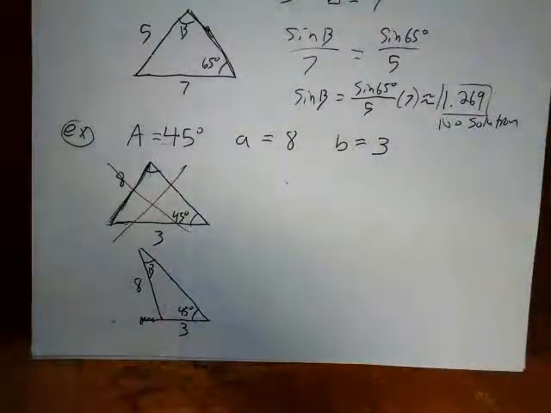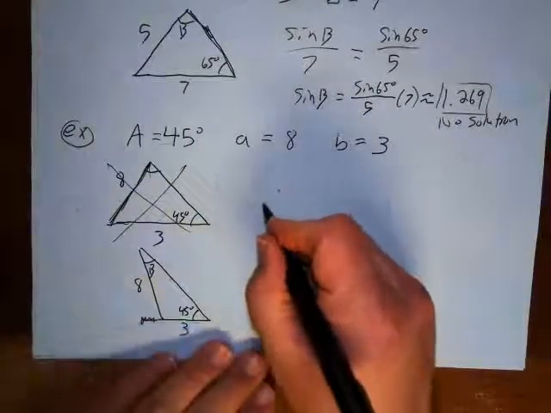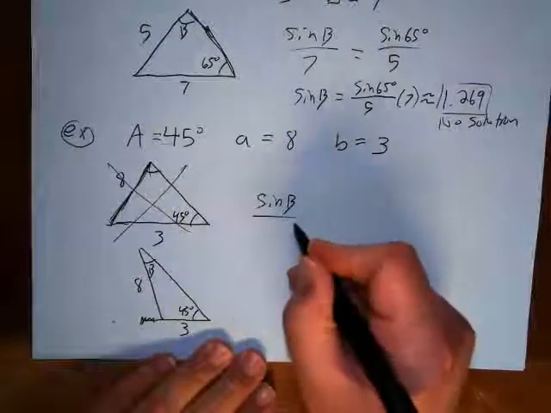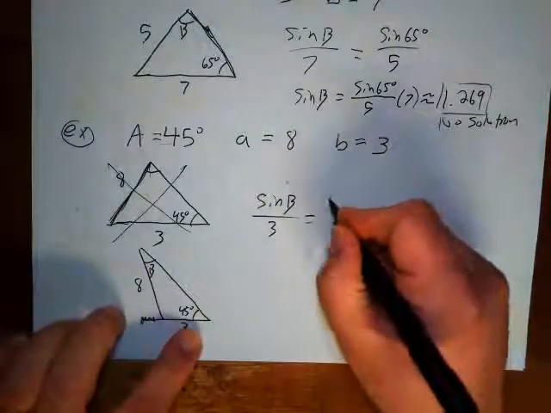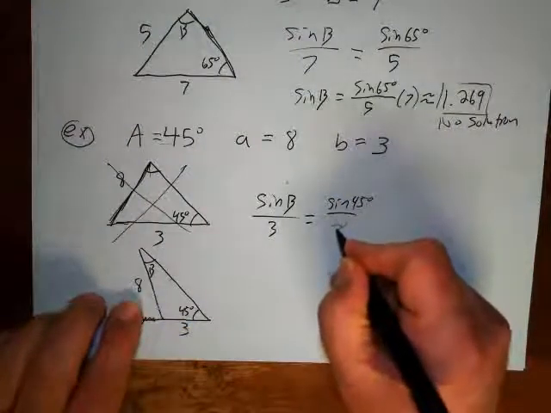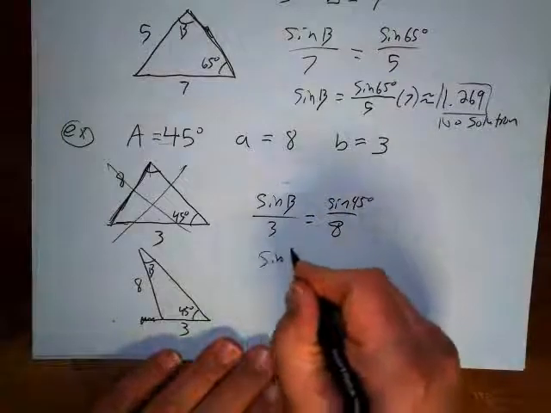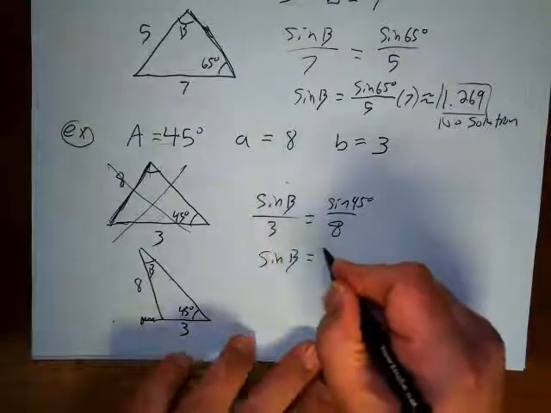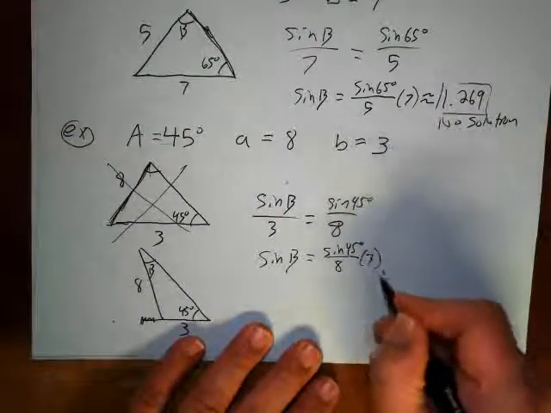And so what we're going to do is we're going to try to find sine of B. We're going to try to find B. So sine of B is to 3, as the sine of 45 degrees is to 8. And we're going to try to solve this. So sine of B is equal to sine of 45 over 8 times 3.